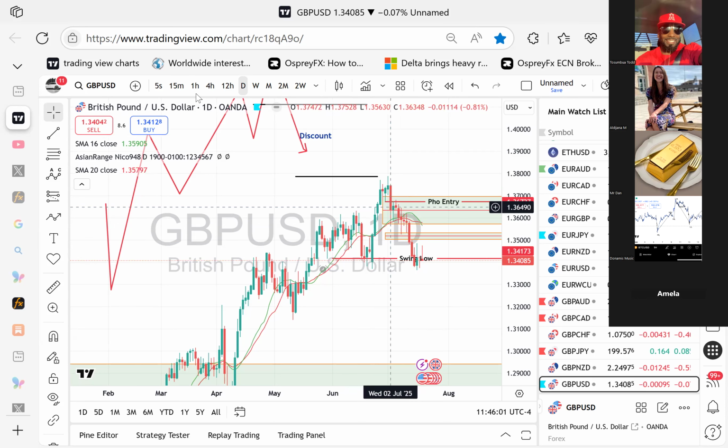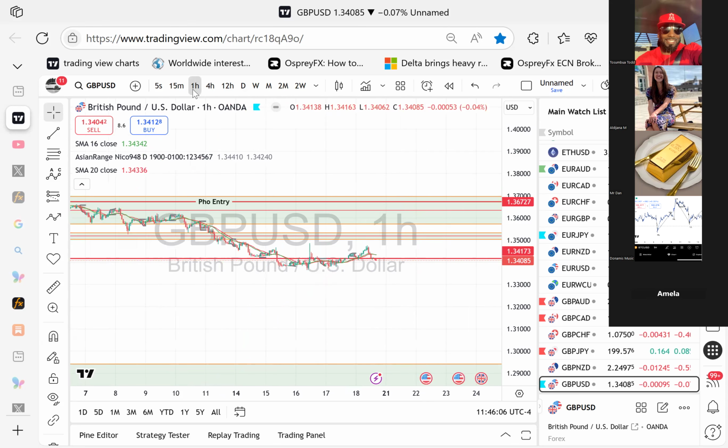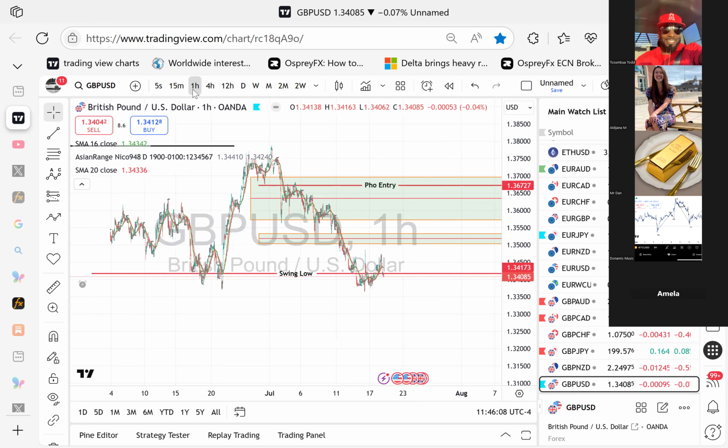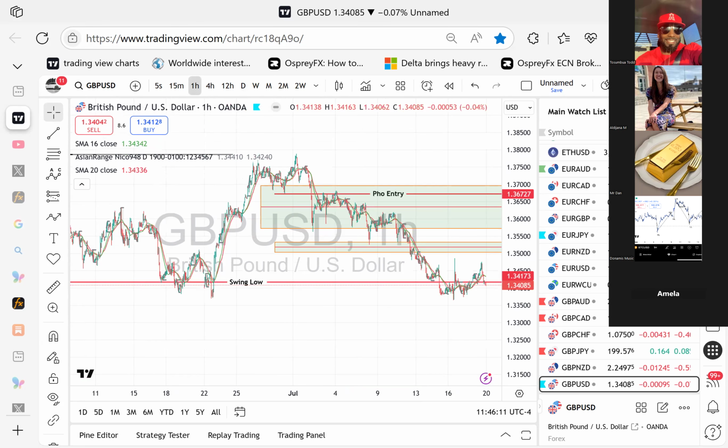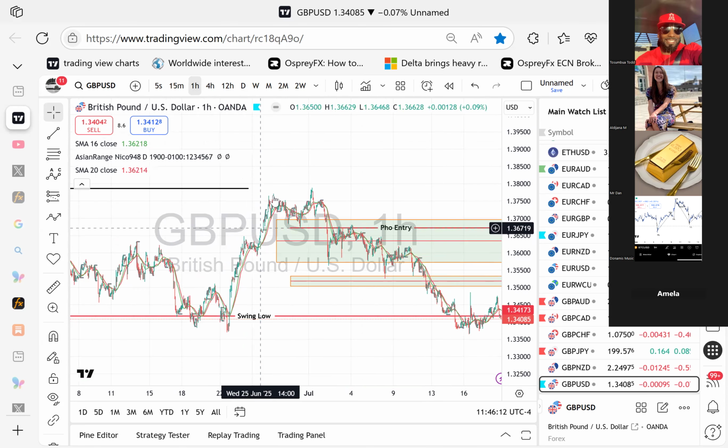Right? So if you go to the 1 hour chart, this is exactly what she saw. She saw price go here, make a higher high. It pulled back and made another higher high, right? You see how this high is higher than this high? And then she saw price break that swing low.